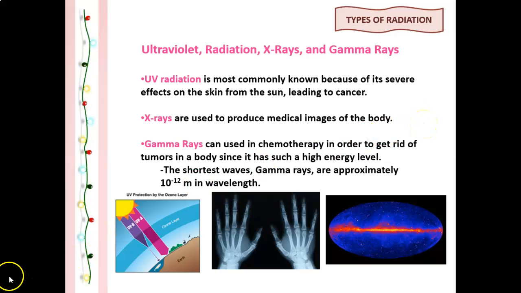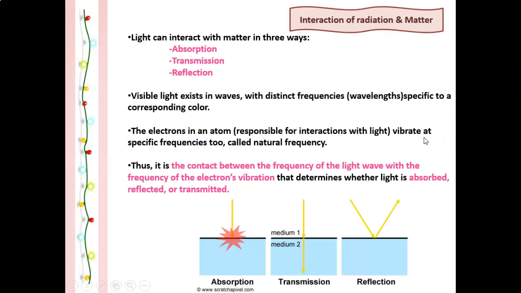Okay, light can interact with matter in three ways, as we saw in the previous slide, which are absorption, transmission, and reflection. So visible light exists in waves with distinct frequency, which is wavelength, specific to a corresponding color. For different materials, they will absorb different wavelengths and it will be shown through the color which it will display on the screen.